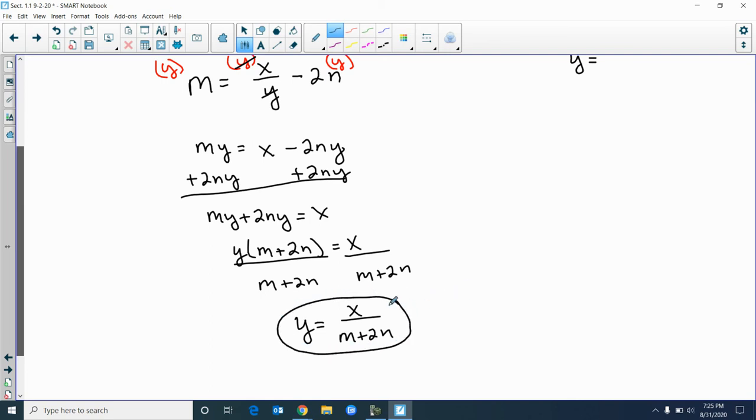Okay, this is not a complex fraction. You have a single numerator and a single denominator. What would a complex fraction look like? I don't know. If you have x over m plus 2n over, make up another variable, z. Like this is a fraction within the example. You would have to reduce that to a single numerator, single denominator.